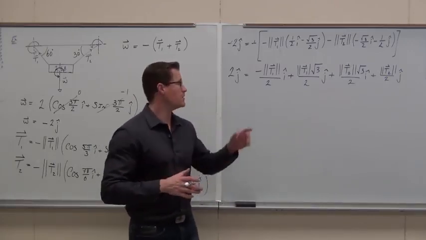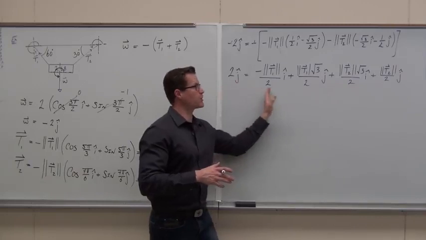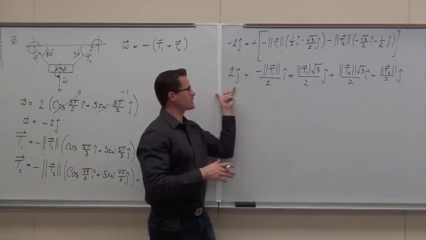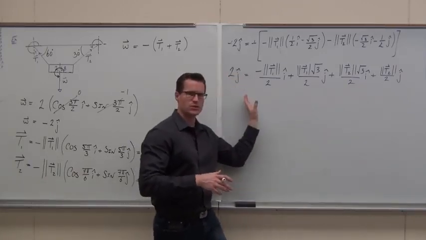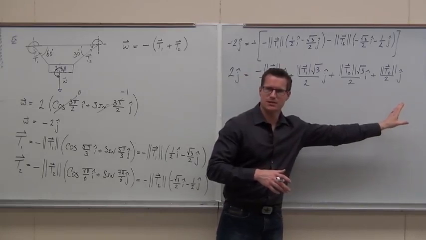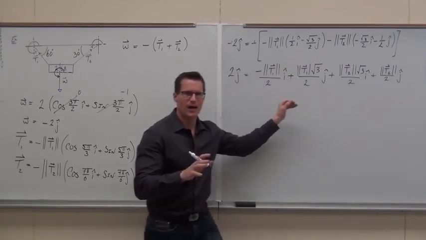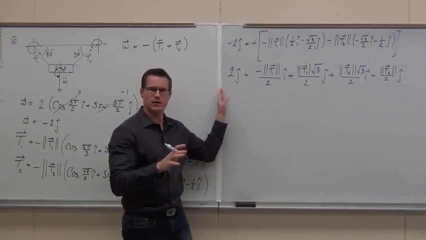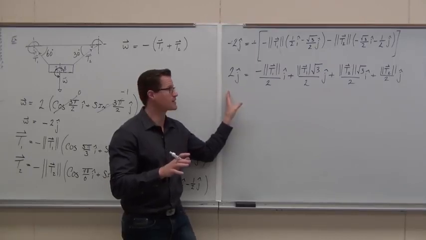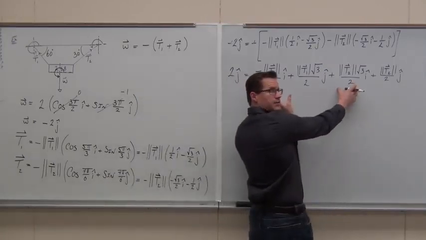Now, let's think about it. What I know is that this vector, this is one vector, okay? We just haven't added it. This vector has to be equal to this vector. Does that make sense? Please listen carefully. This is the whole punchline. How many i's are over here? None. What's math for none? 0. 0 has to equal these i's.